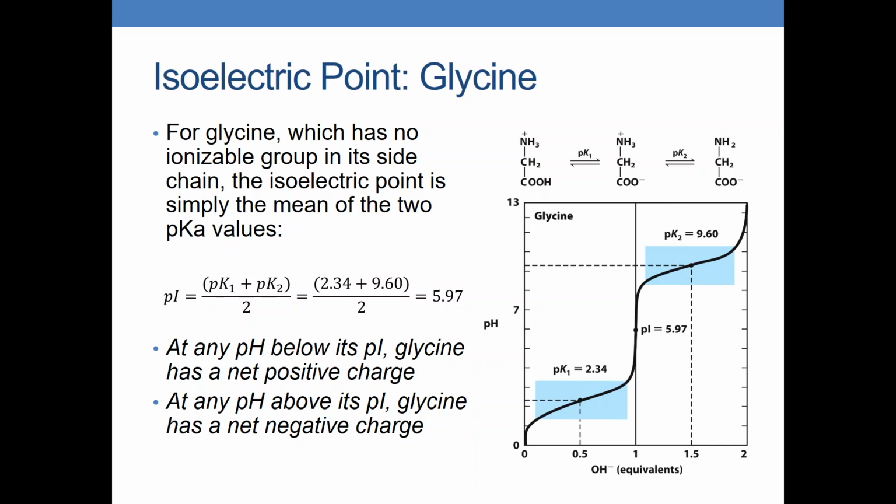Being able to draw the amino acid structure is going to be essential to doing this. So you're going to need to know what the amino acids look like, or at least be able to reasonably access them in a quick period of time, and have some idea of what the pKa's are for your amino acids.